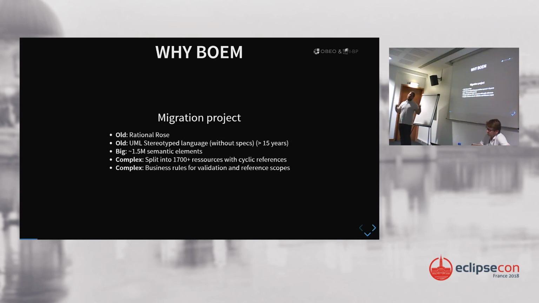There are cyclic references and stuff like that. In Rational Rose, through add-ons, all the business rules for validation and for the reference scopes were defined in Visual Basic, which we translated into pure Java with EMF.